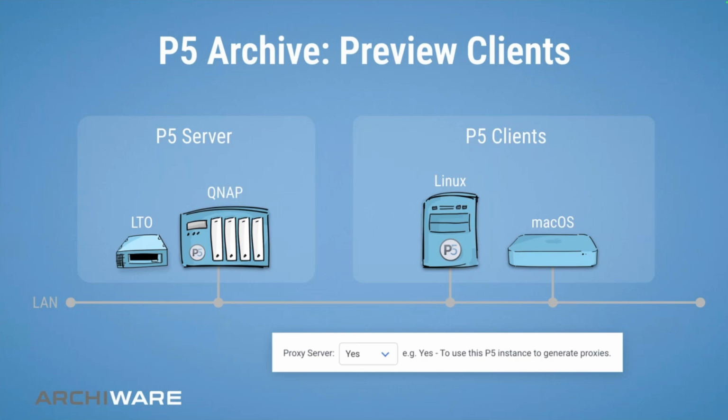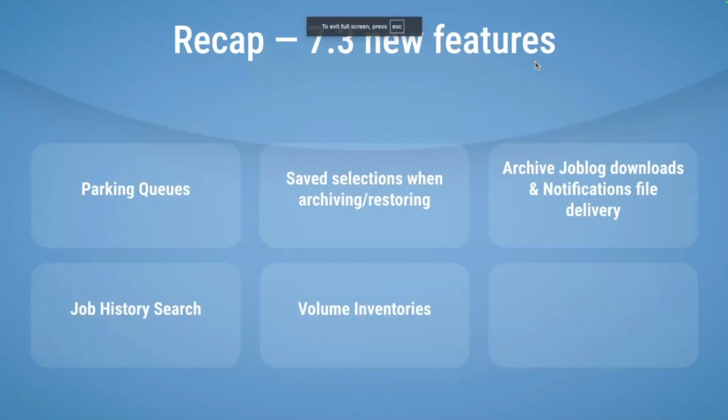Okay, so I think that was our last new feature. We wanted to just give you a little recap. 7.3 had these 5 features in our previous webinar. We had the parking queues to make it easier for admins to distribute jobs that are coming in from users. We had some interesting stuff around being able to save selections when you're doing archiving and restoring.